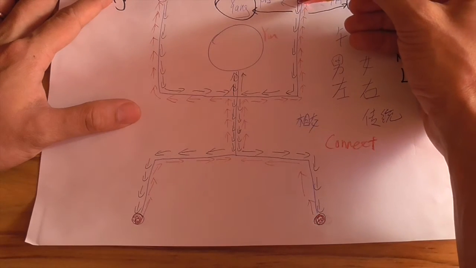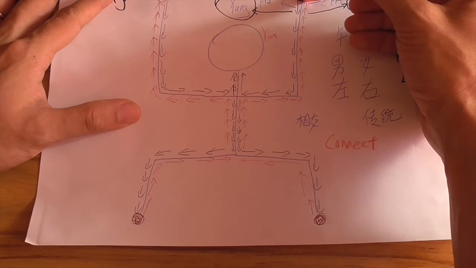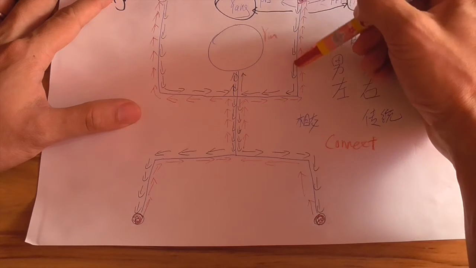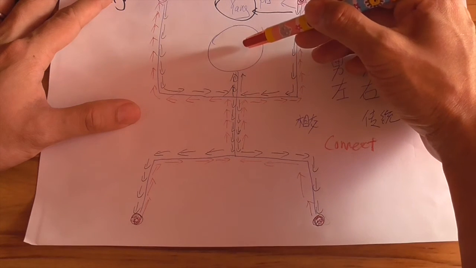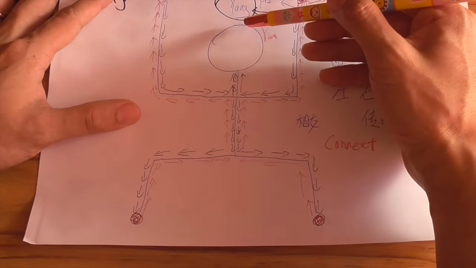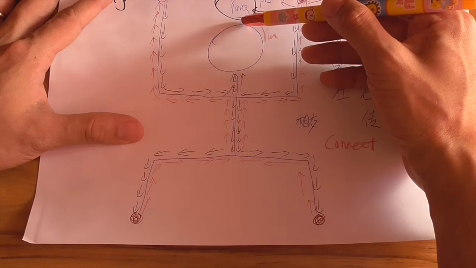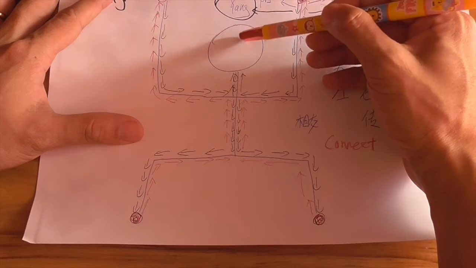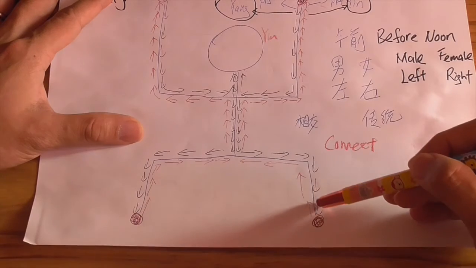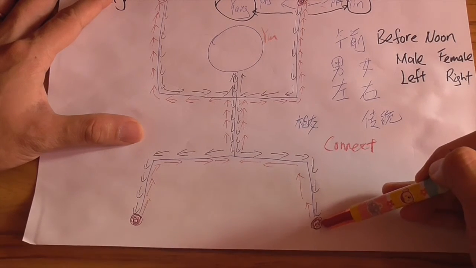So 3 hand yang, from the hand, from the fingers, goes to the head. And 3 foot yang meridian, the exercise is from the head, going down to your leg, right?